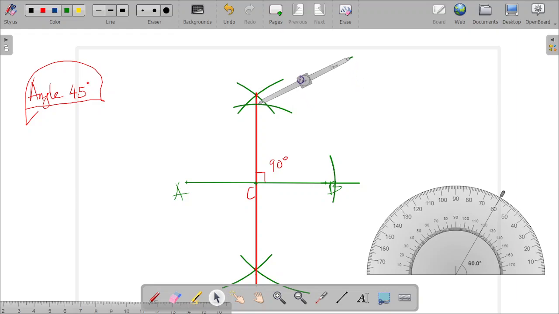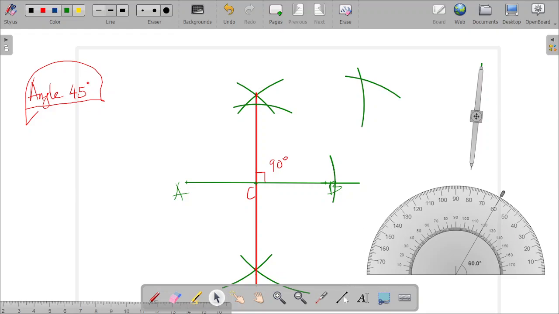Now I'm going to make another arc like this. So obviously I am bisecting angle 90. You do not adjust, use the same radius. Put your compass point on the second point where the arc cut the line, like this. Then you draw another arc that must cut the first one like this.